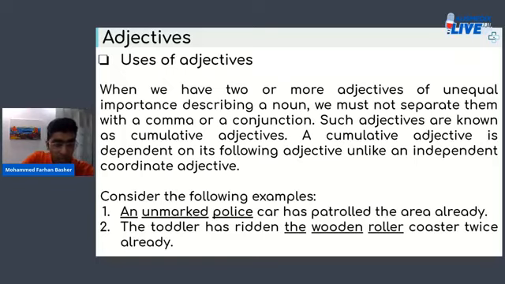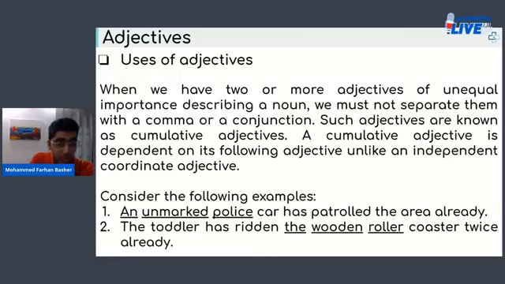Here, we have no commas or coordinating conjunction separating these adjectives, right? Why not? It's because these adjectives are not equally important. An is not as important as unmarked. Unmarked is not as important as police. Each of these adjectives is dependent on its following one.